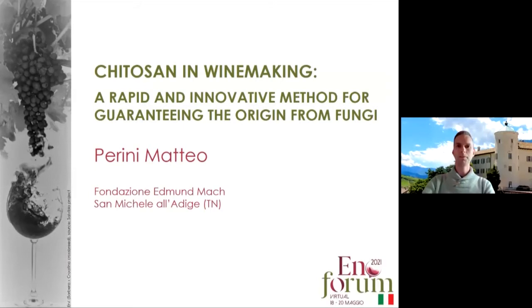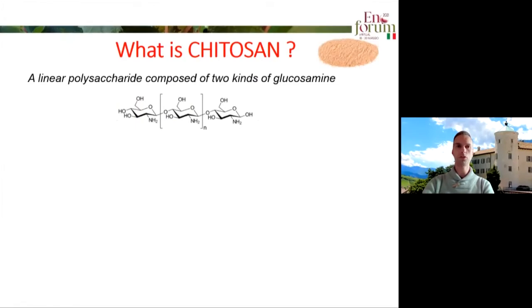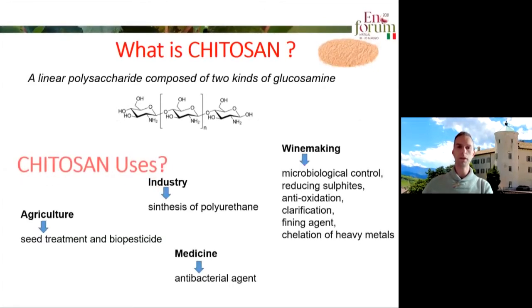Good afternoon. Today I will tell you about a rapid and innovative method to identify possible frauds in terms of oenological adjuvant product use. And we will focus on chitosan, which, as you saw, is a linear polysaccharide composed of two kinds of glucosamine, N-acetyl-D-glucosamine and D-glucosamine, linked by beta 1-4 bonds.